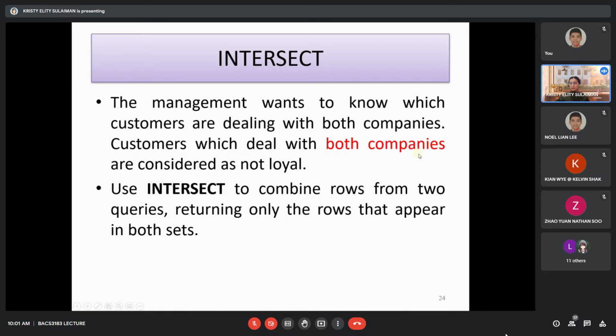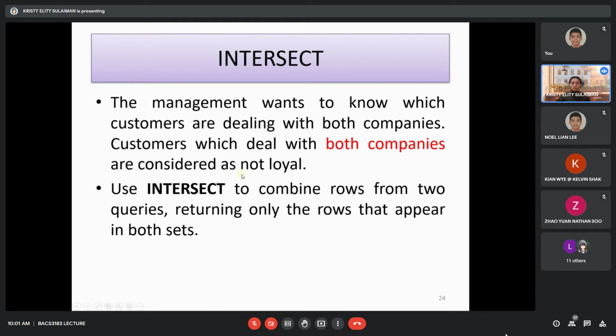You do two queries and intersect them, and it shows the customers that appear in both companies. That tells you the customer from this intersect operation is not loyal. This is just an example of a scenario.